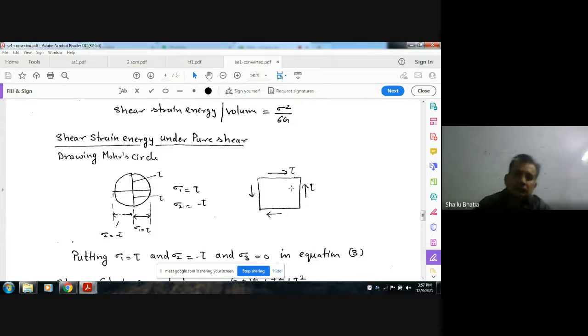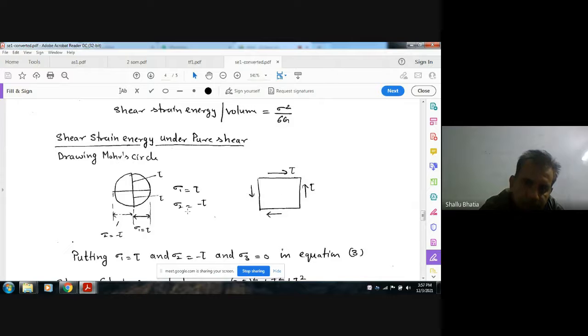Okay, now consider a block which is subjected to pure shear, that is tau. Now if we draw its Mohr circle, on this plane only tau is acting, so there will be no normal stress and there will be shear stress. So this is the tau.